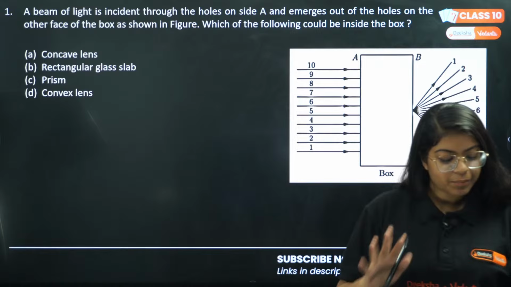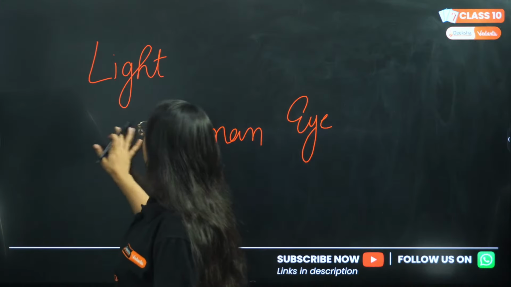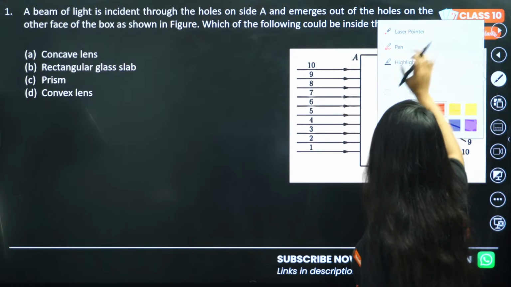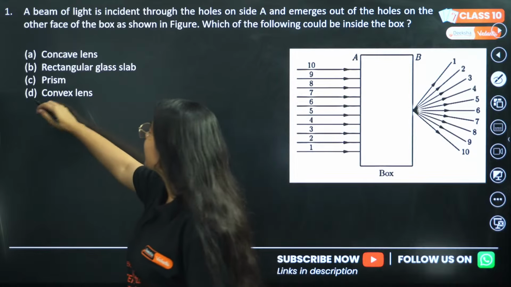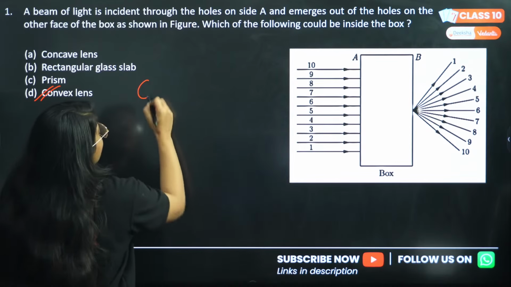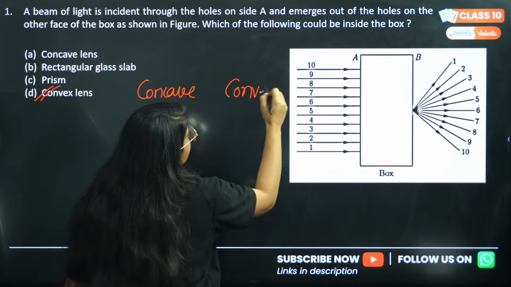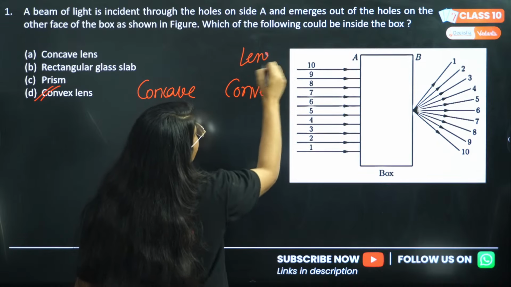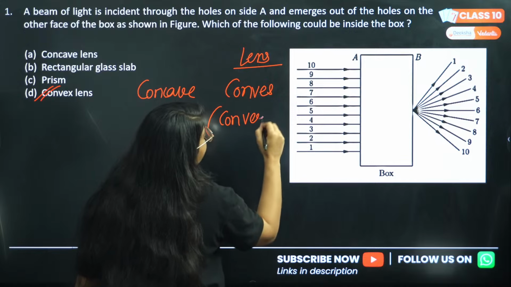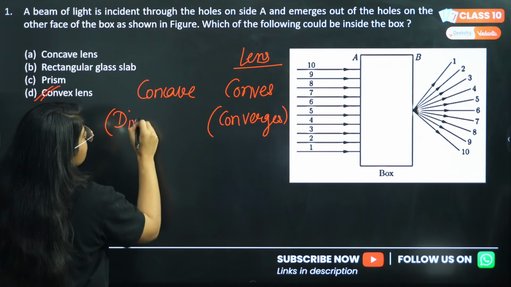Okay, let me give you the answer, guys. The answer is actually convex lens. See, what is the main difference between concave lens and convex lens? Convex lens converges the rays, and concave lens diverges the rays.